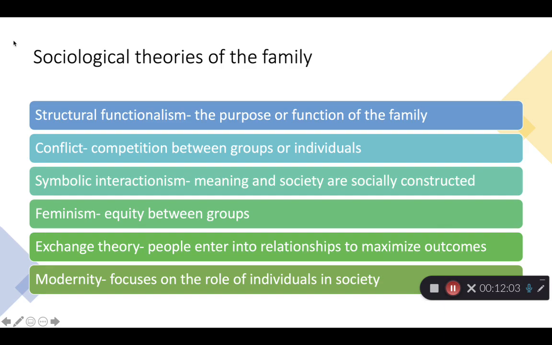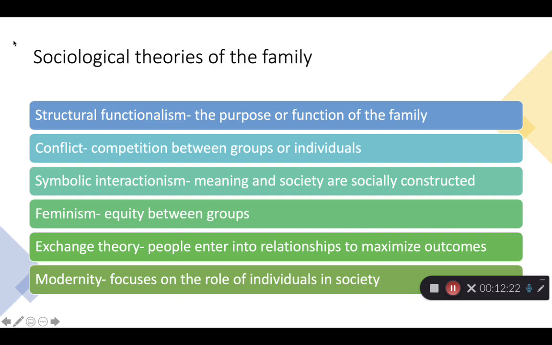Okay, and so again, we can just apply these theories until we're blue in the face and go in all kinds of cool directions. But again, from a functionalist perspective, you're looking at the family as a system that structures our lives, and we all play roles that fulfill the necessary roles of the family to fulfill its purpose.